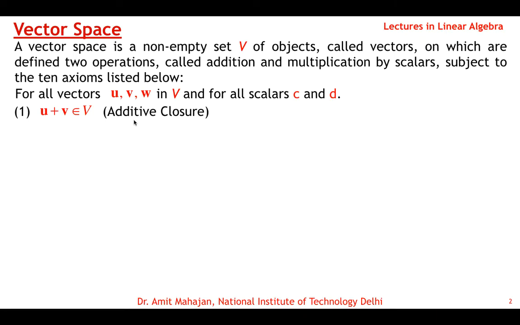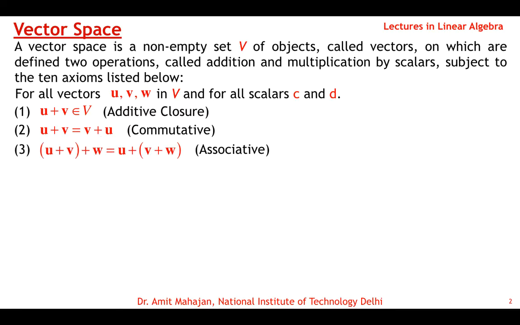Okay, the second property is commutativity. That means that for any two vectors the sum you can calculate in any order. Okay, so u plus v is the same as v plus u. So the commutative property is true. The third property is associativity.